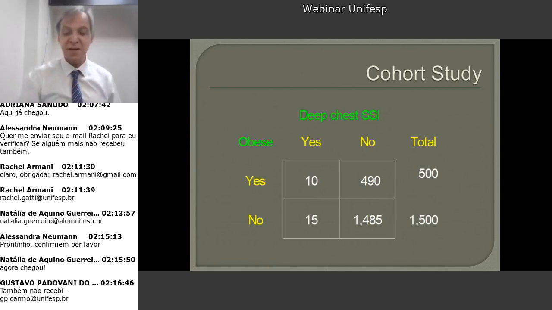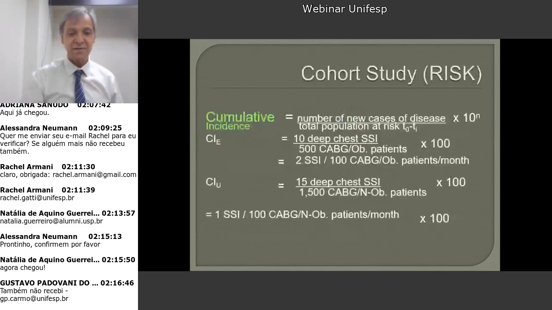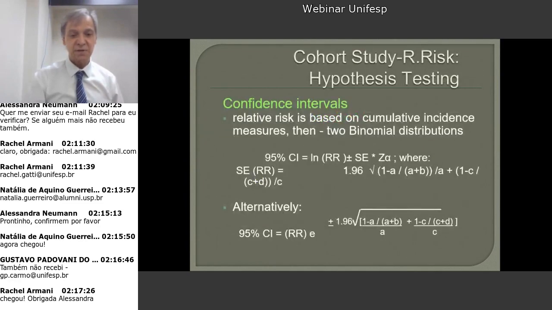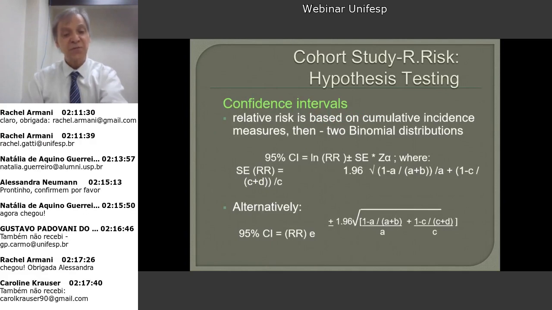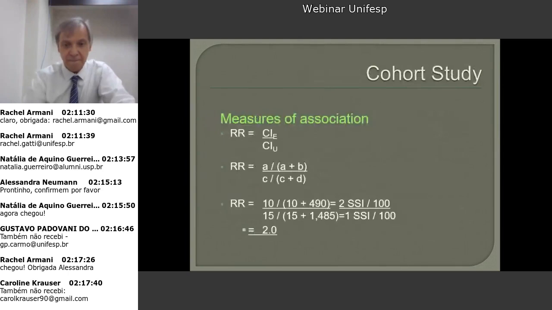Create a formula in Excel based on this formula here: 1 minus A divided by A plus B, over A, whole quantity over A, plus 1 minus C over C plus D, divided by C. Square root of that, multiply by 1.96. Then you exponentiate this whole quantity, and multiply the relative risk by that, and it's going to give you the confidence interval.